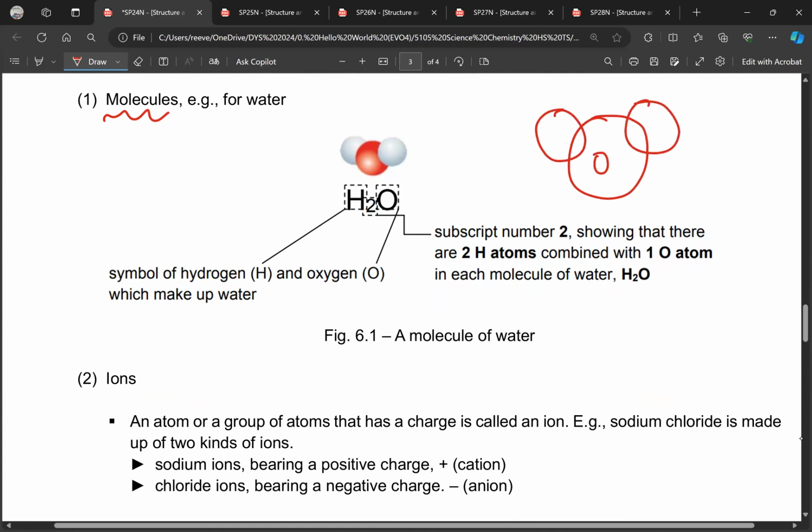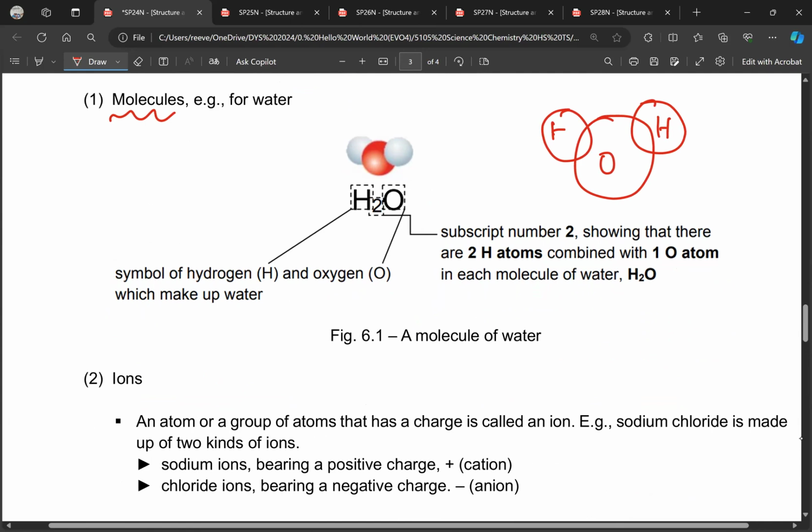If you draw the dot and cross diagram, it's a covalent molecule, covalent bonding. 1, 2, 3, 4, 5, 6. Yes, oxygen has 6 valence electrons. So this is water, H2O. It's a simple molecule. It comprises 2 hydrogen atoms and 1 oxygen atom chemically combined.